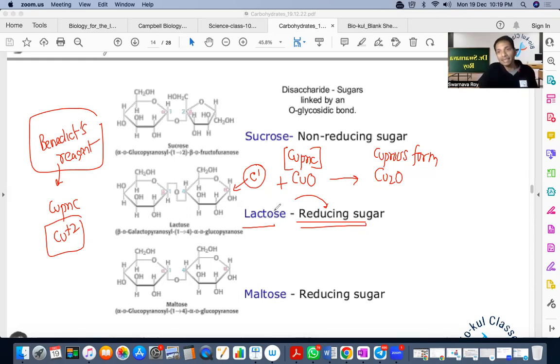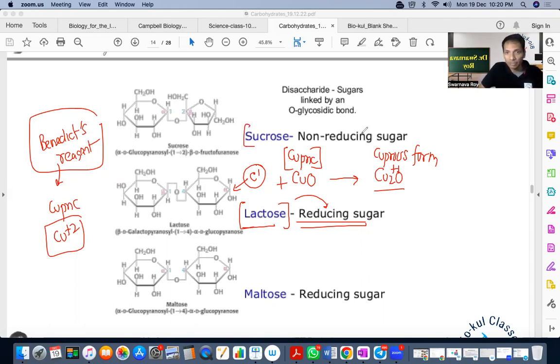So this Benedict's reagent can be reduced to a cuprous form where copper is in a +1 state. This is called reduction of copper from a cupric to a cuprous state if the copper reacts with a reducing sugar. An example of a reducing sugar is lactose, a disaccharide which is reducing.